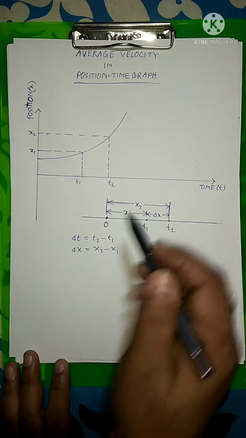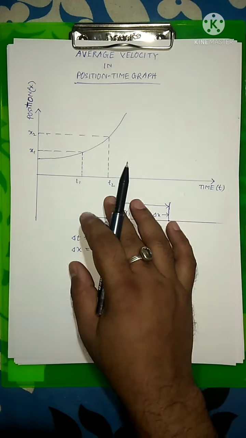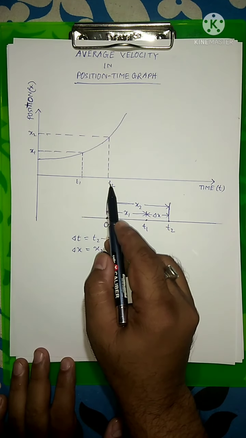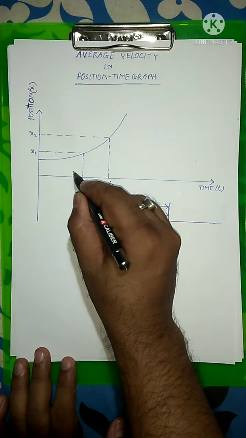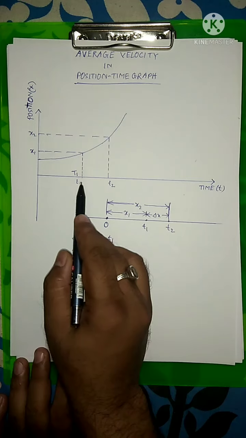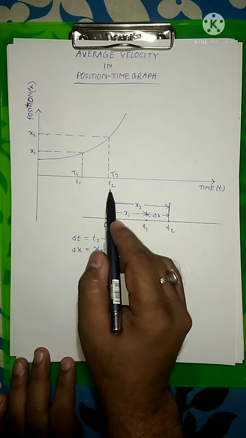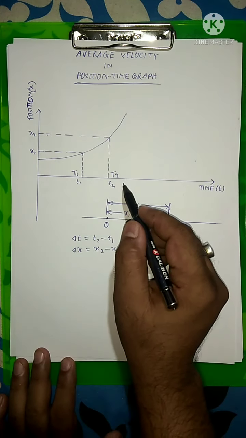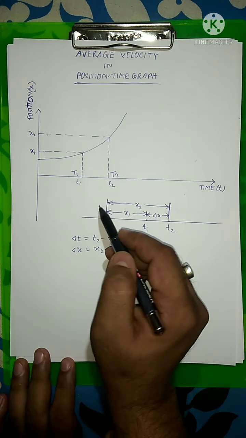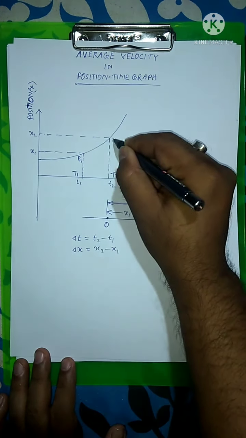Let us now recognize delta t and delta x in the graph. This is the instant t equal to t1, and this is the instant t equal to t2, and capital T1 is the point corresponding to the instant t1 on the time axis, and T2 corresponds to the instant t2. The points corresponding to these two instants on the curve are P1 and P2.